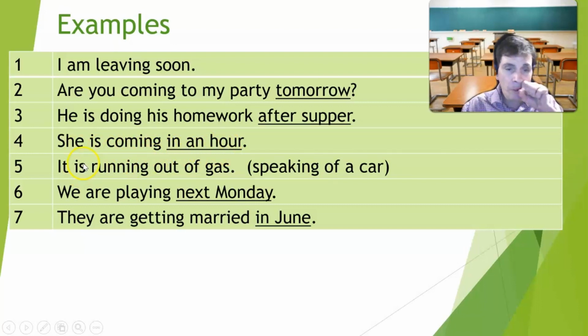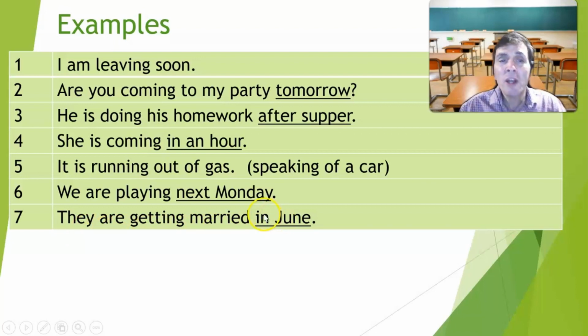It is running out of gas. Again, speaking of a car. We are playing next Monday. And number 7, they're getting married in June.